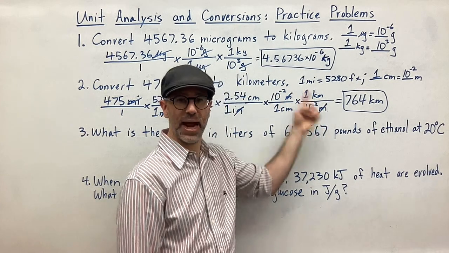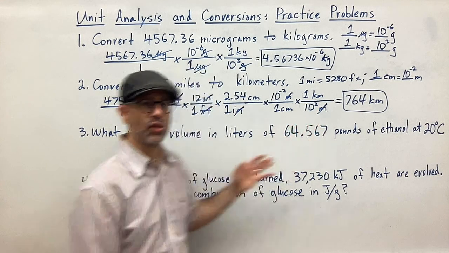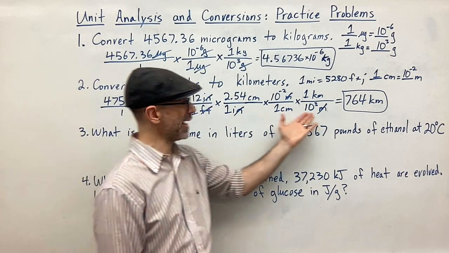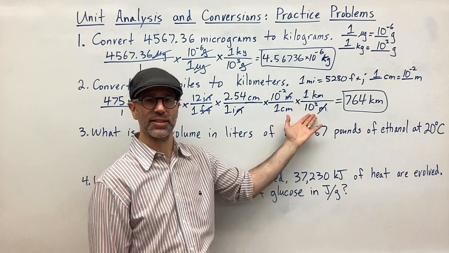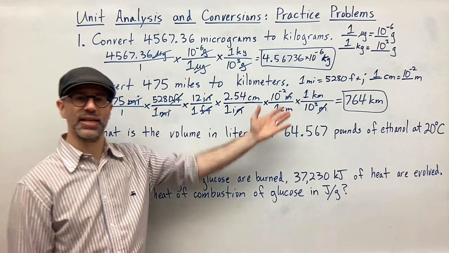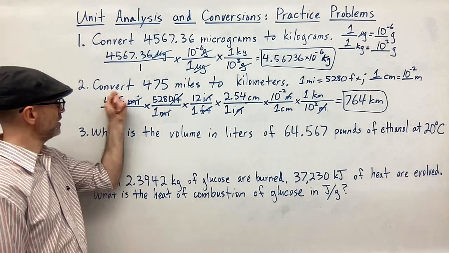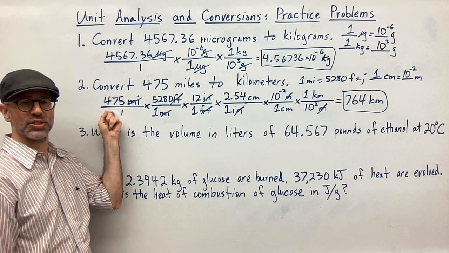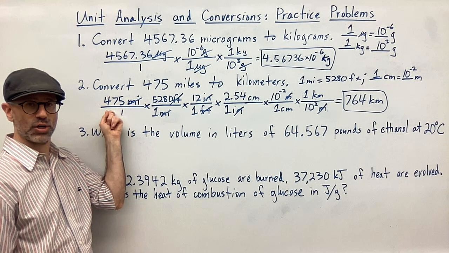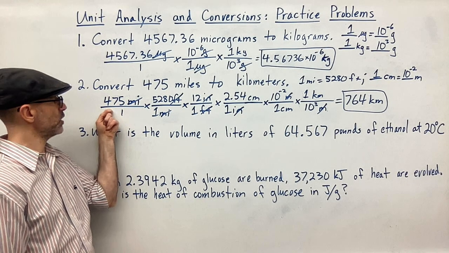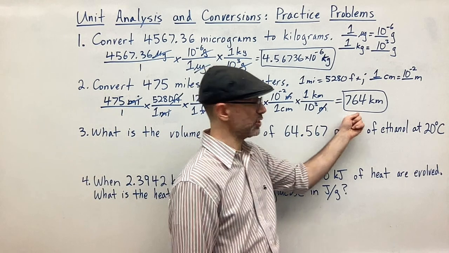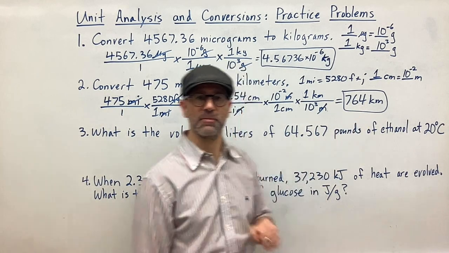So these are exact. These are true by definition. So all of these are exact relationships. They're not inexact. So we ignore them because they are going to have an infinite number of significant figures. So since this is the only inexact measure that we're using, this is going to be 3 sig figs. So therefore, our answer here should have 3 sig figs.